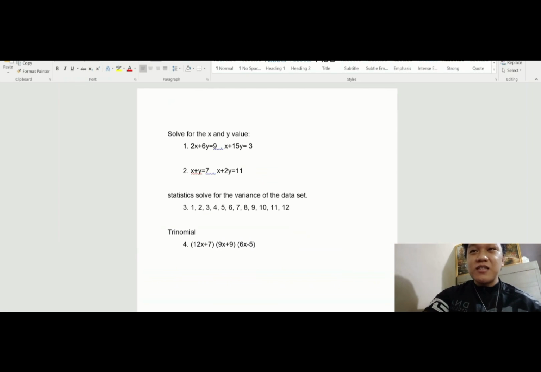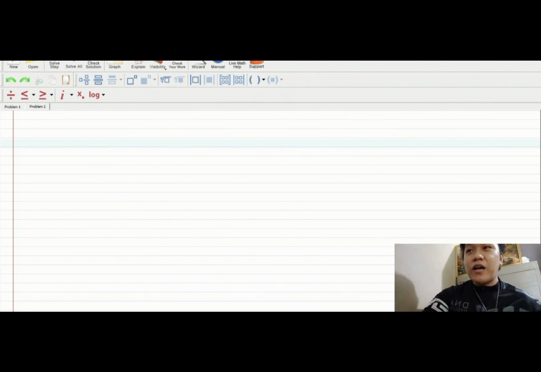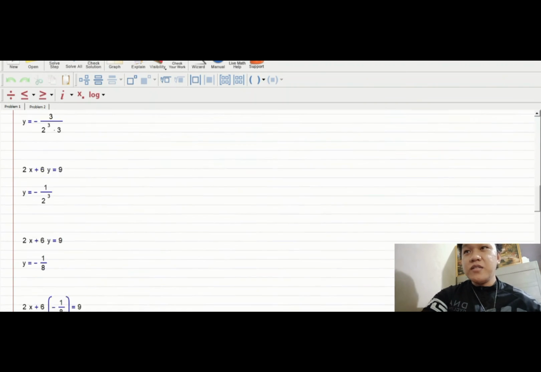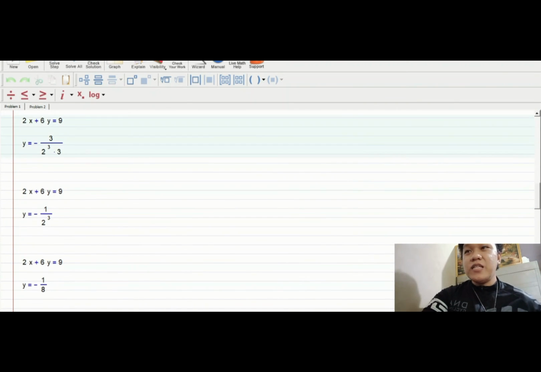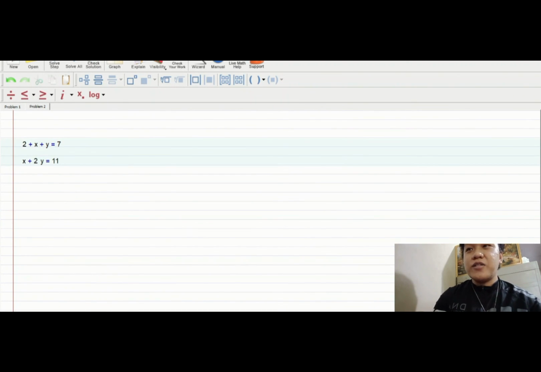So next problem, let's try to solve it. The next problem, Control C, and if you need new notes to open, Control V. As you can see, problem one is solved already, so you can have another sheet, a blank space, or another paper.